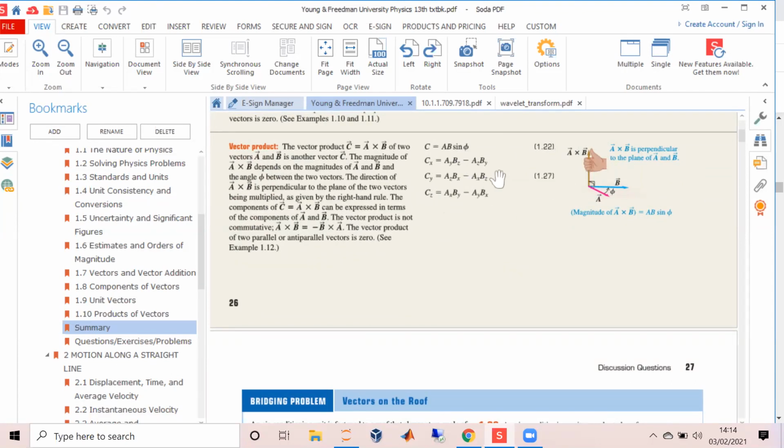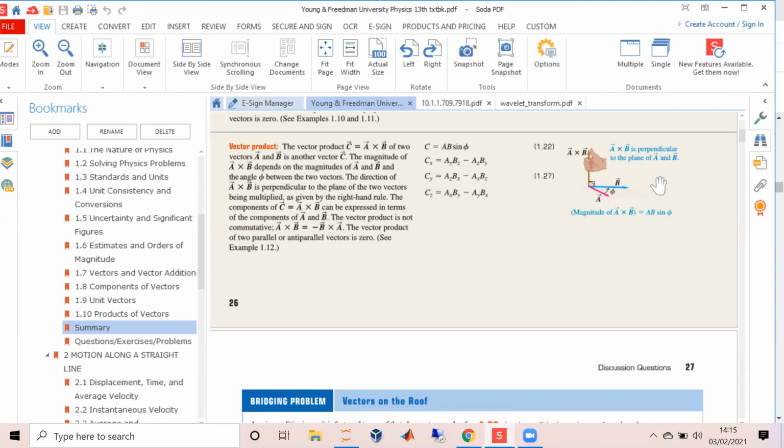The result of this operation is another vector that is perpendicular, orthogonal, to the plane described by A and B. But the question is in what direction, upwards or downwards? The easiest way to know this is to take your right hand and emulate A closing towards B. Then the direction of your thumb is the direction of the resultant vector.